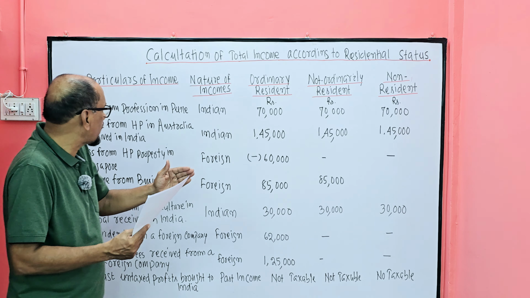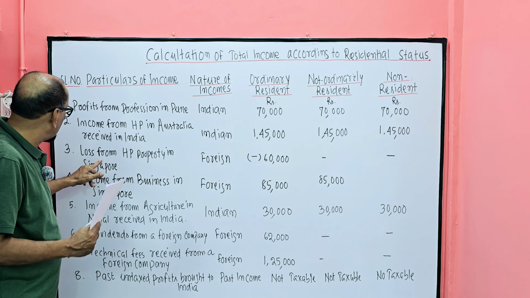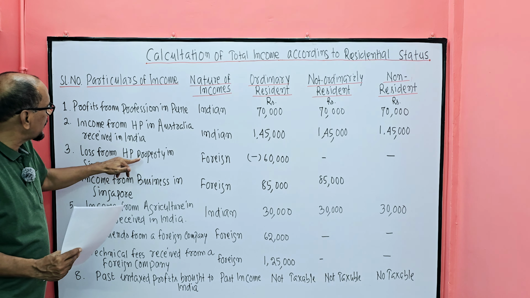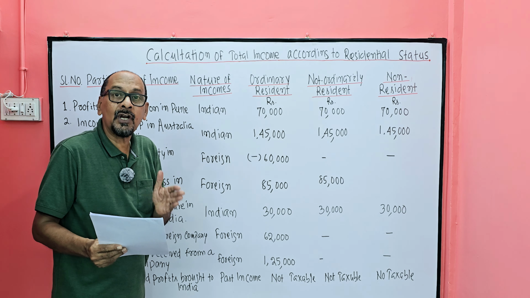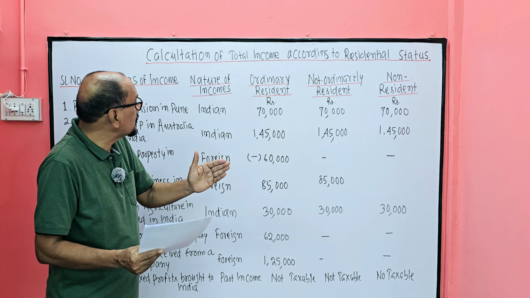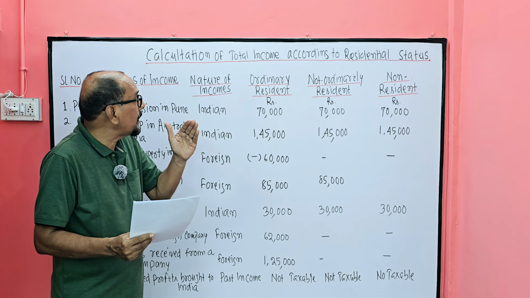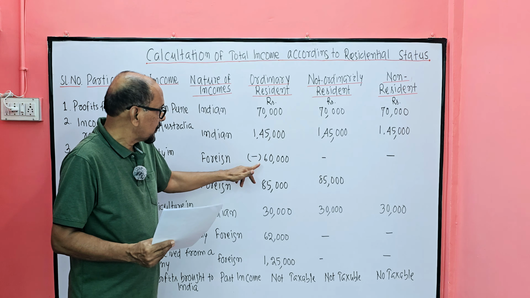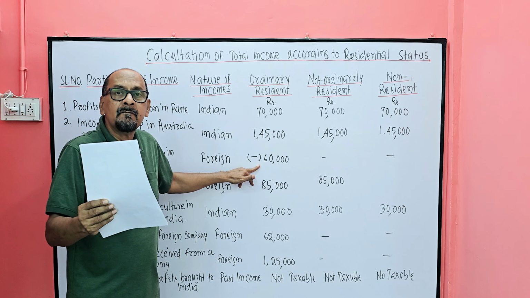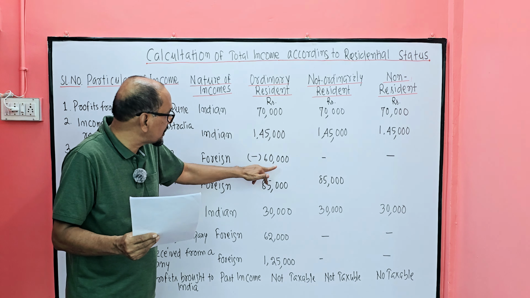It will mean that loss from a house property in Singapore is foreign income, and it is only taxable in case of an ordinary resident. But as it is a loss, it will be reflected as a minus balance, that is 60,000.